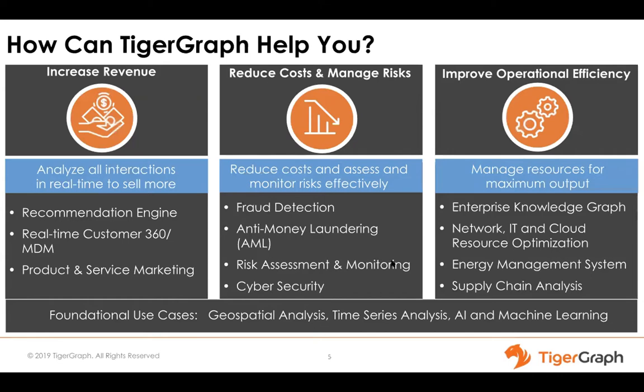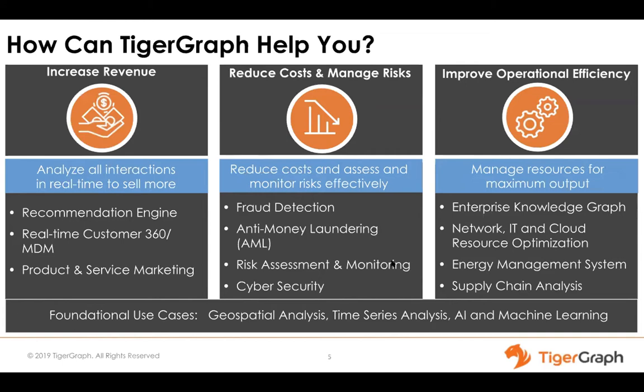Let me quickly cover what we do in terms of use cases briefly. You never buy a technology for the sake of buying a technology. You always buy it for a reason. You buy it either to increase revenue, to reduce costs, to manage risk more effectively, and you also use it for improving your operational efficiency. So in order to get all of these business outcomes, we have specific business use cases and solutions that are part of each of these outcomes.